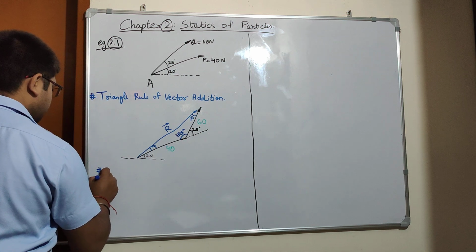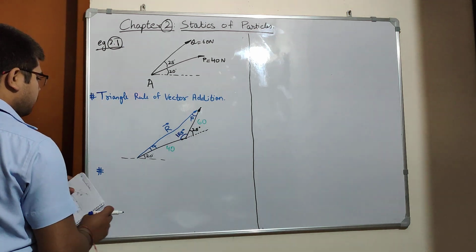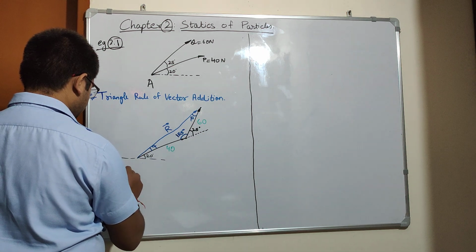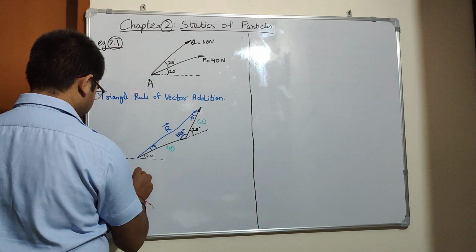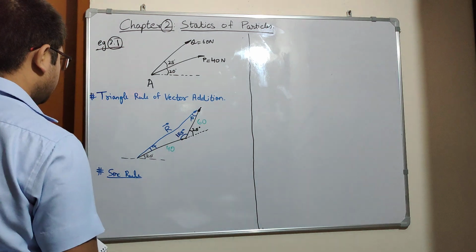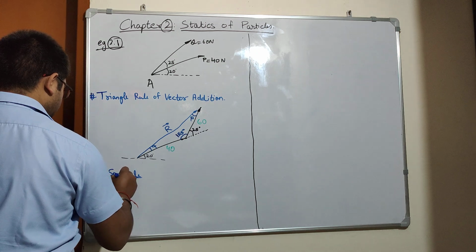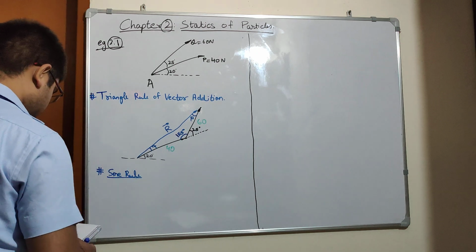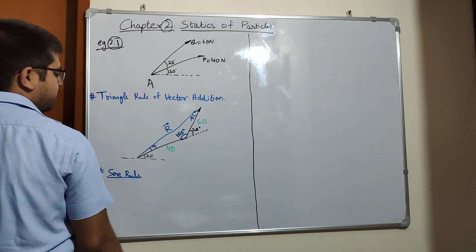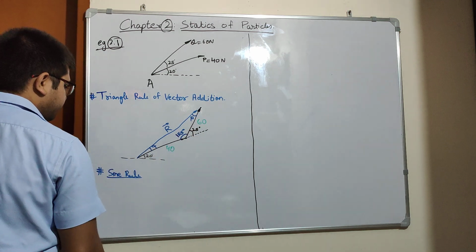Now we will apply sine rule. Sine rule says that R by sine 155 degrees equals 60 by sine alpha.